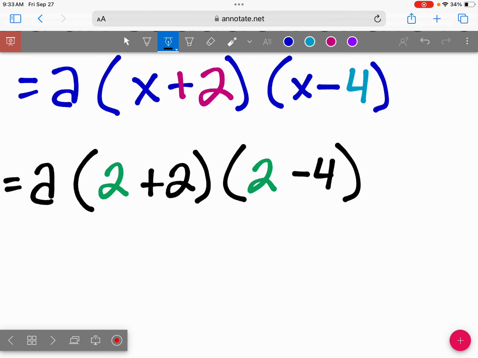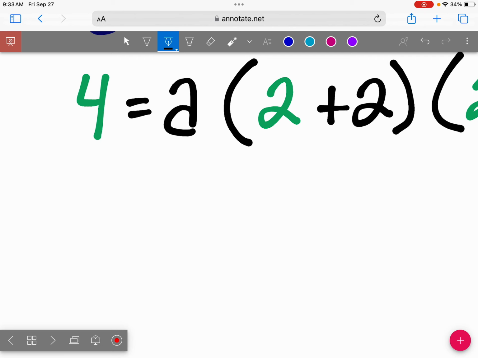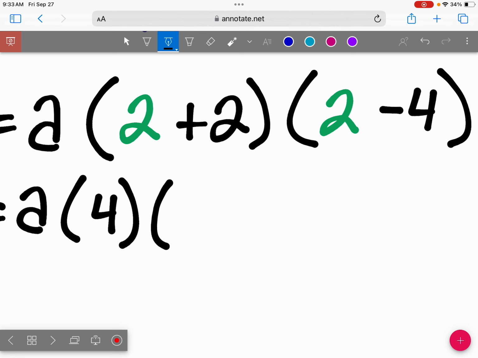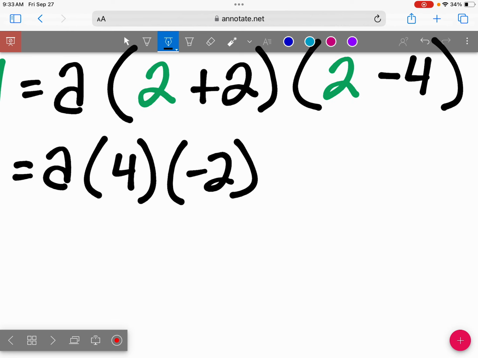Substituting in that point we have. Now I have only one letter, so we can simplify this. We can solve this. So 4 equals my a times what? 4 times -2. 2 minus 4 is -2. 2 plus 2 is 4.